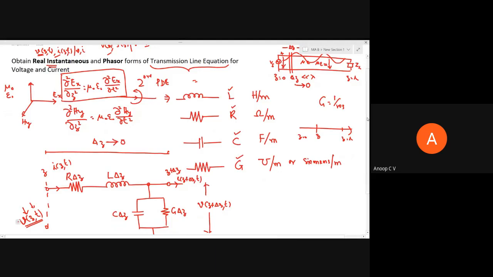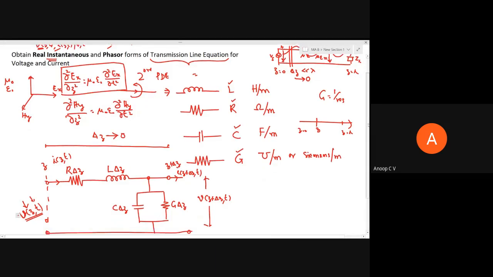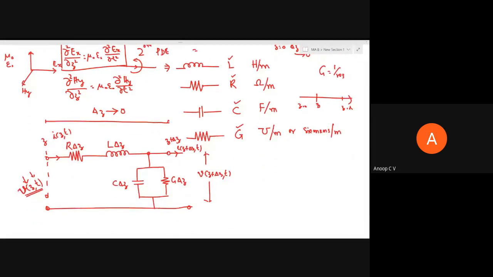So are you okay with this? Shall I proceed further? If you have any doubt, please feel free to ask. Right, so far, if you have any doubt, please feel free to ask. If you don't have any doubt, please do type it in chat window. Right. If you have doubt also, please. You can either unmute and ask or else type in chat window. If no doubt, you can type no doubt. So we haven't discussed much, right? Just the basic thing, right?